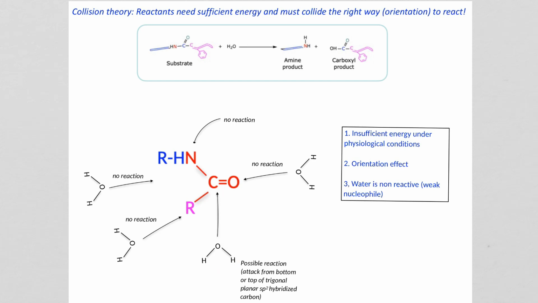So besides the proper orientation for proper collisions to happen, there is also a good possibility that most of these reacting molecules, the water and the proteins, under physiological conditions of 37 Celsius, may not have enough movement and may not have enough energy for them to collide.